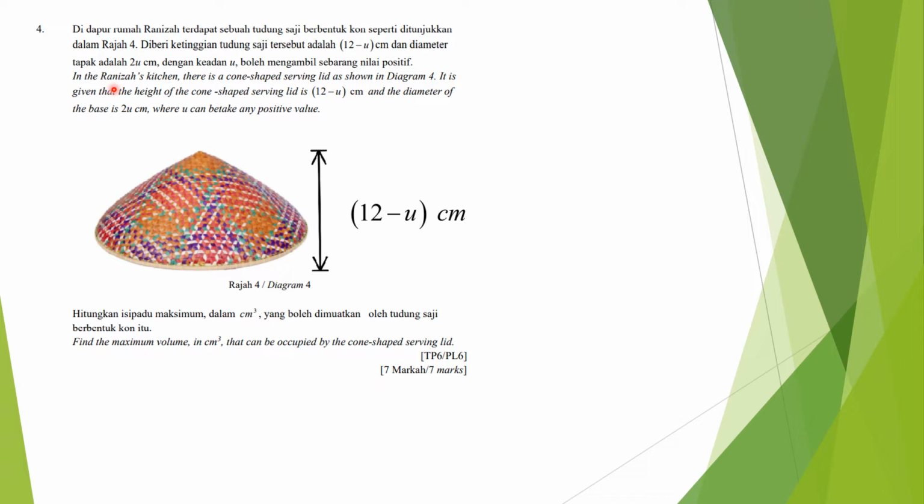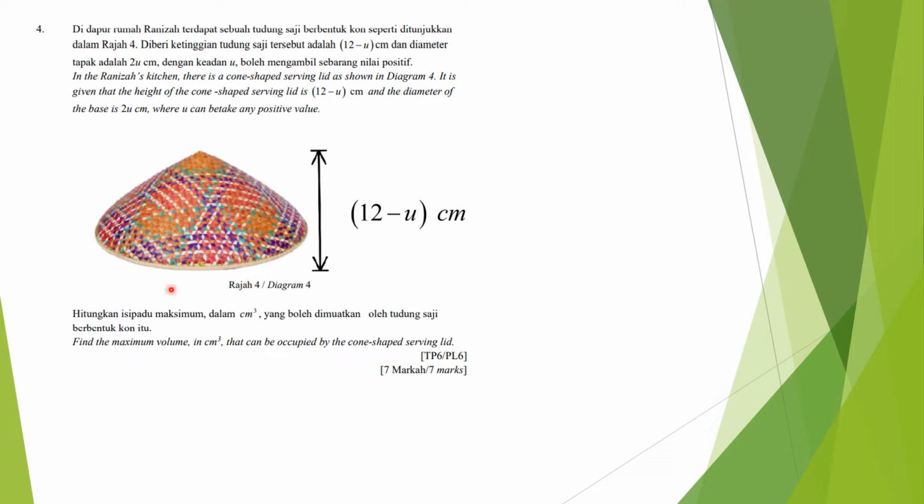In Raniza's kitchen, there's a cone-shaped serving lid as shown in diagram 4. It is given that the height of the cone-shaped serving lid is 12 minus u. Okay, the height is already labeled in the diagram, and the diameter of the base is 2u.